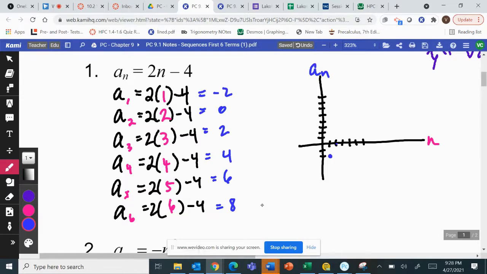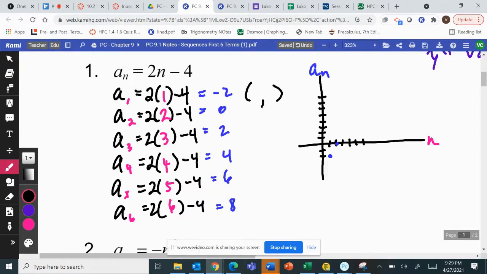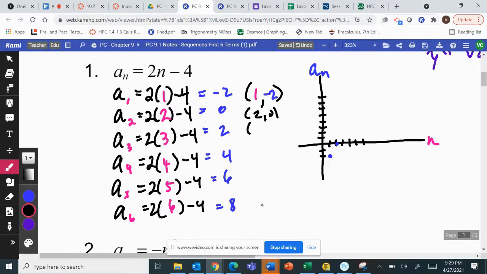And then I would find 2, 0. Let me write down these ordered pairs. So this would be like the ordered pair 1, negative 2. 2, 0, 3, 2, 4, 4, 5, 6, and 6, 8.